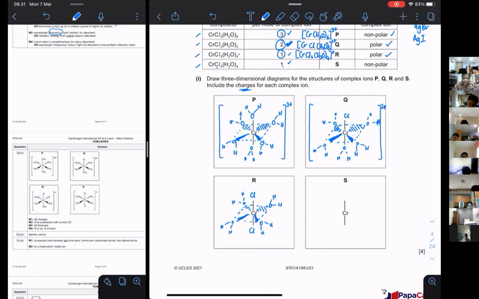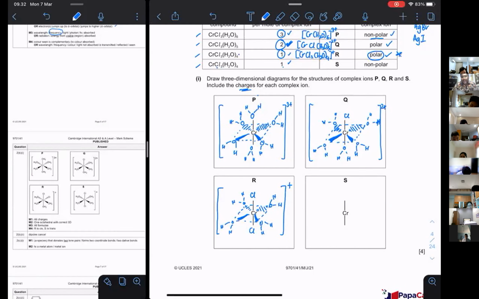The only possible factor that might influence this is the positive charge. But if you look at the positive charge, then the similar factor would have applied for P, but they say P is non-polar. That is something that I'm also confused about, so I will check for you. We'll come back to that.